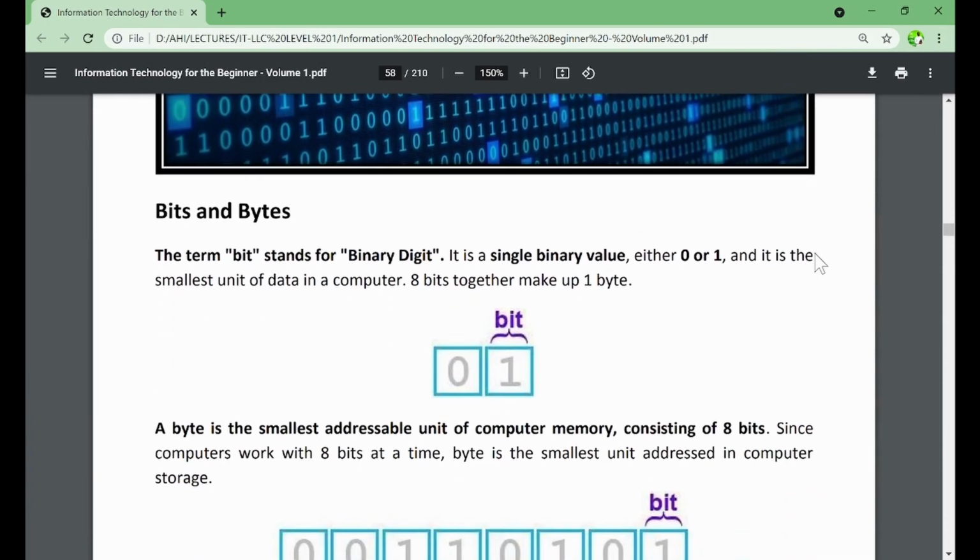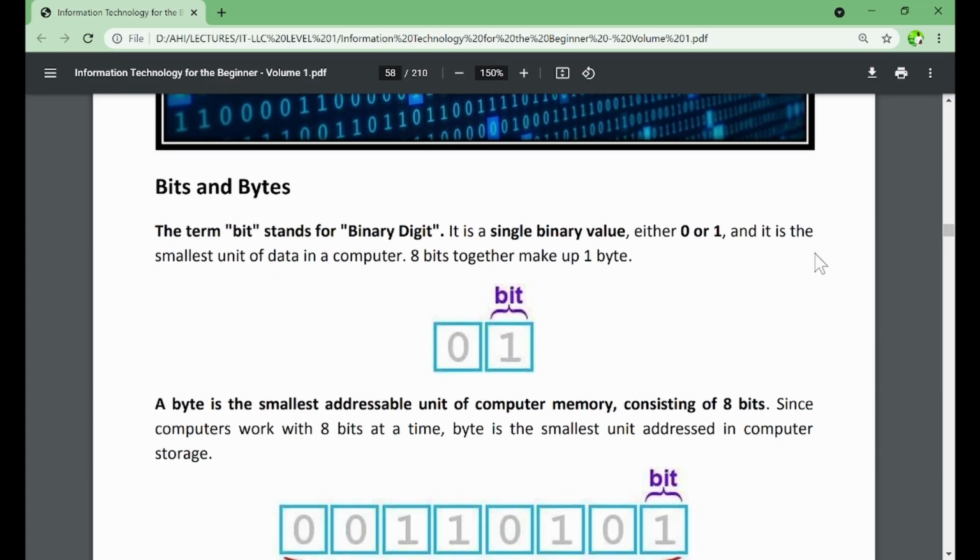We also learned about bits and bytes, and we said bits stands for binary digit, and bytes represent 8 bits. When 8 bits are put together, we get what is called a byte. We said a 4 bit is called a nibble, and 8 bits is called a byte.